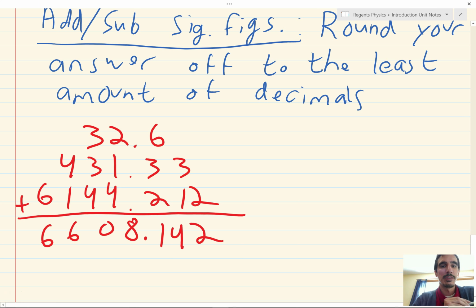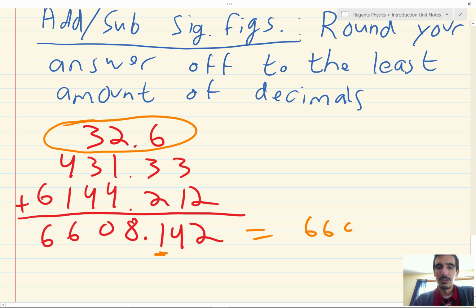Now when we round this, we have to look at the number with the least amount of decimal places. That's this one. So our answer is going to be rounded to the least amount of decimal places, which in this case is tenths. So here's the tenth spot. We ignore the rest. We're not rounding up because it's not 5 or above. So our answer is 6608.1.